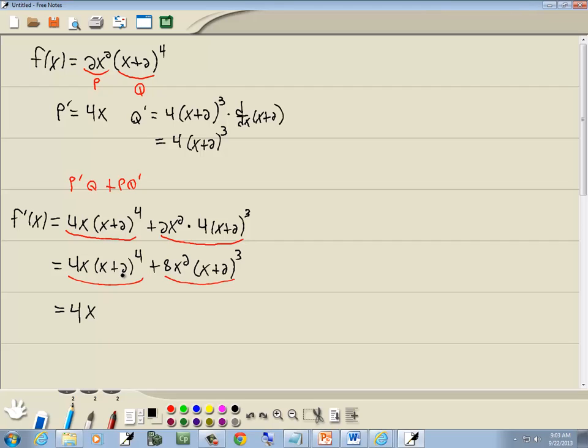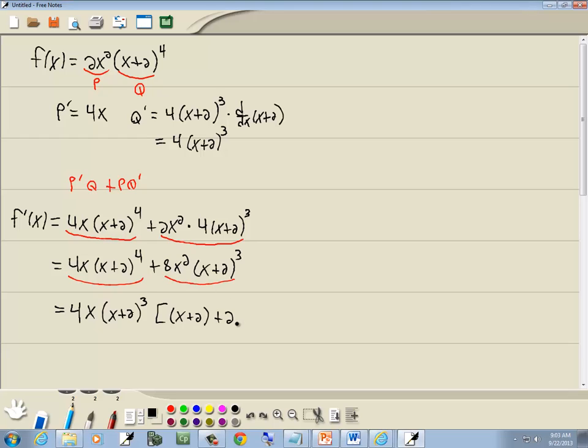Now here we got x plus 2 to a power times x plus 2 to a power, so I'll factor out an x plus 2 to the 3rd. It's always the one with the smallest exponent. And let's see what that leaves us. That 4 is gone, that x is gone. 3 of these x plus 2's are gone, so that just leaves us a single x plus 2. 8 divided by 4 is 2.